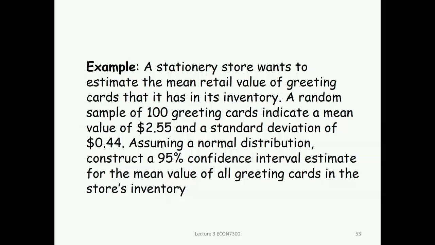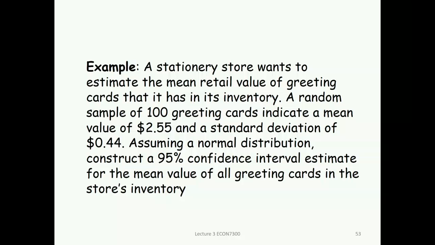Another example: a stationery store wants to estimate the mean retail value of the greeting cards in its inventory. A random sample of 100 greeting cards indicates a mean and a standard deviation. This is the sample standard deviation, sample mean, sample size 100, 95% confidence interval. If this were a Z table question, what would the critical value be?